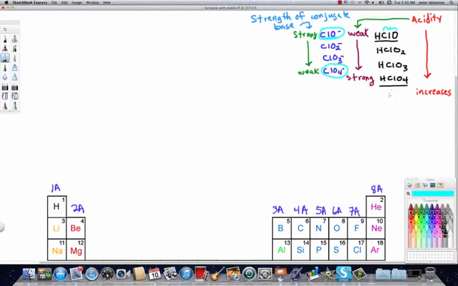Now, that in itself accounts to some degree for the increase in acidity as we go from hypochlorous acid to perchloric acid. But there's actually more to this story.